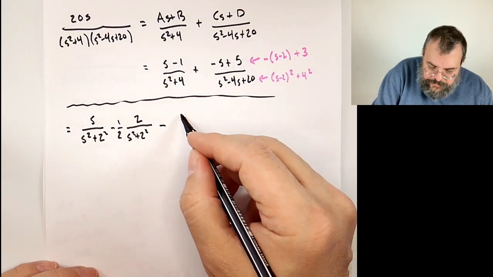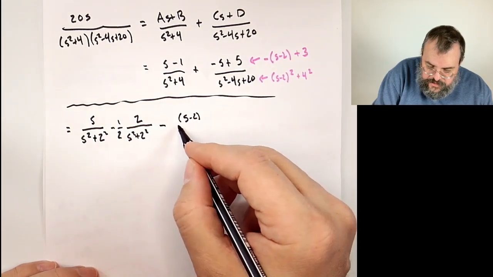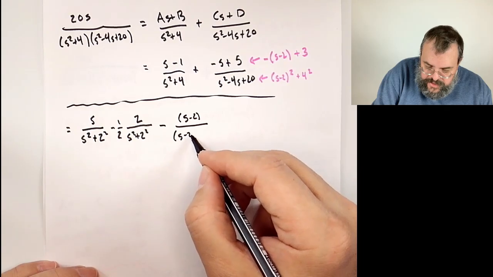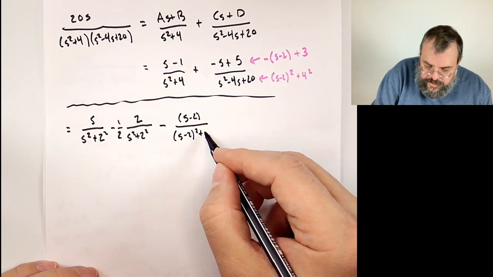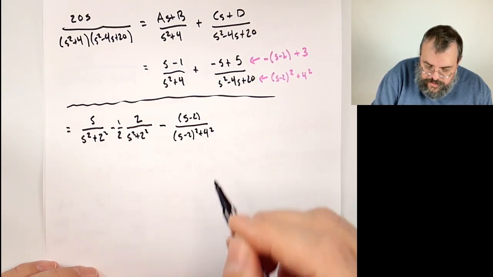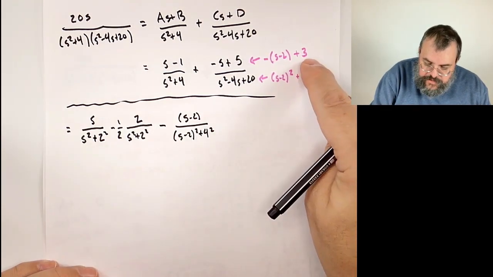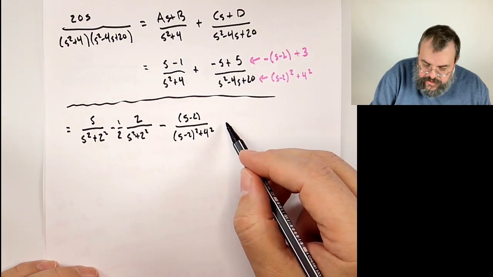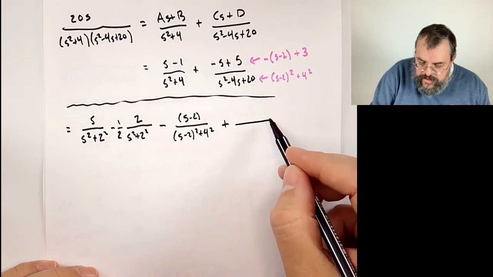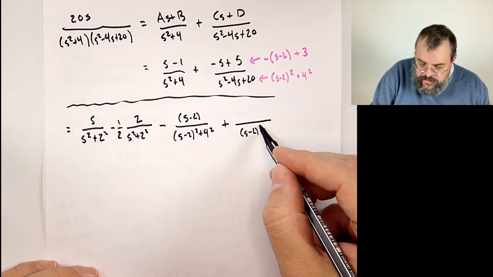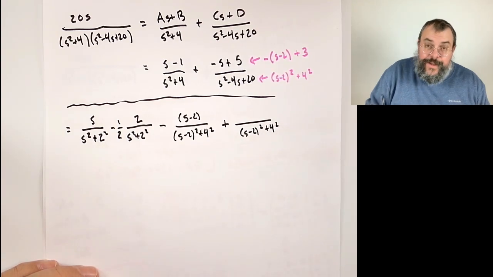So minus s minus 2 over s minus 2 squared plus 4 squared. And then our last part is the constant part, and it's being added, over s minus 2 squared plus 4 squared.